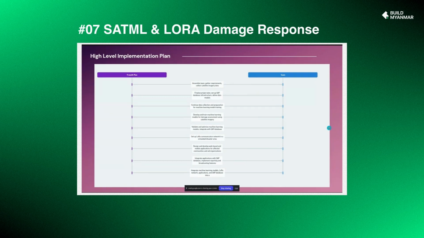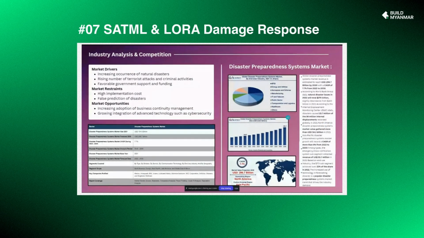As far as the high-level implementation, there is a 9-month plan we have established, and we are currently working on this. If we bring it down to the industry analysis, the current market constraints are that these systems are available at very high cost, and it is truly hard to predict when a disaster is coming.